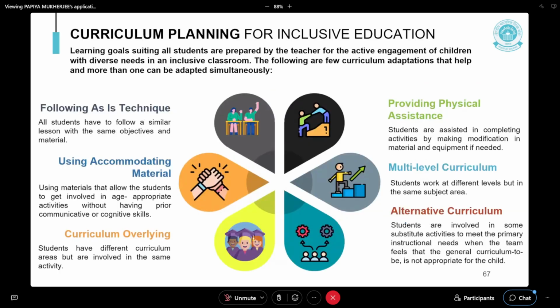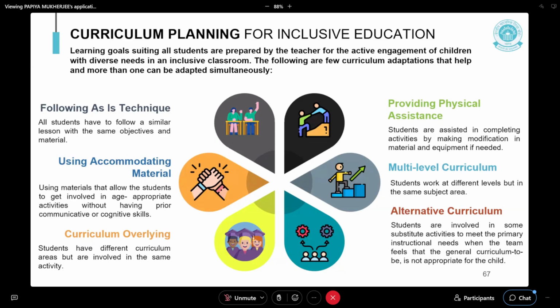How do you do the curriculum planning when you talk about inclusive education? Providing physical assistance, and you have to make accommodations and adjustments in material and equipment. Many a time you have to plan age-appropriate activities for them. You need to individually plan, and give them a curriculum if they are unable to do the main curriculum, wherein you have a multi-level curriculum.